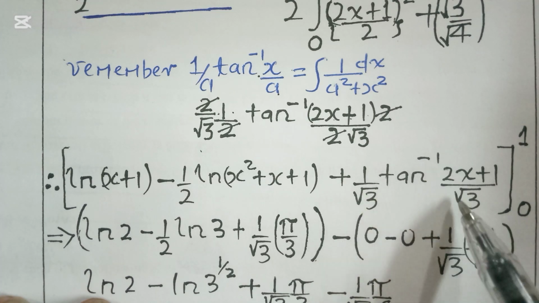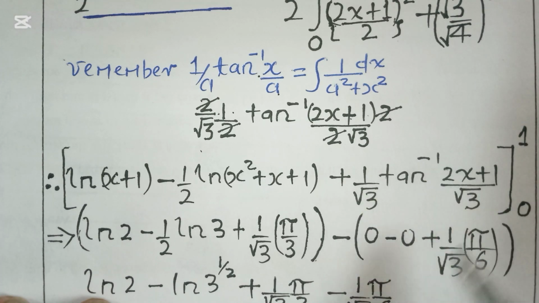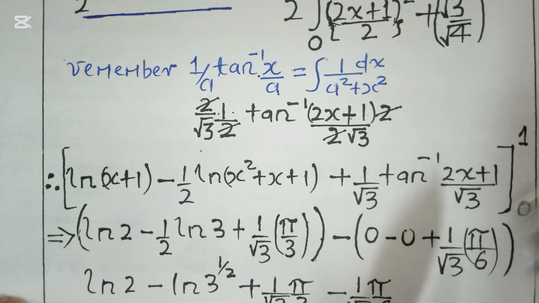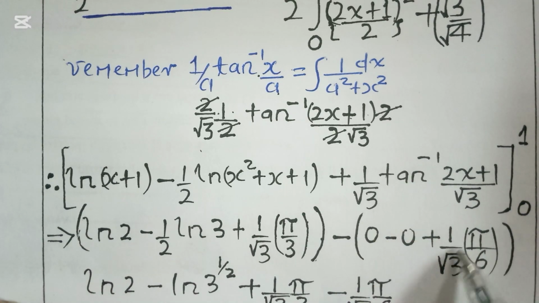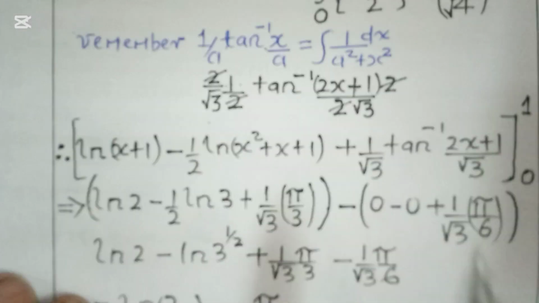Tan inverse of 1 over square root of 3 gives us an angle 30. And the angle 30 in terms of radians, it's pi over 6. And so therefore, guys, we put 1 over square root of 3, which is this, and pi over 6. Guys, now we do that.